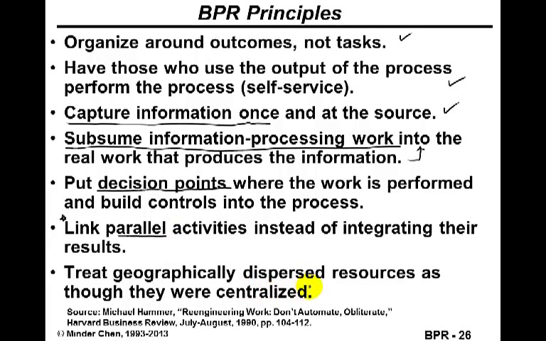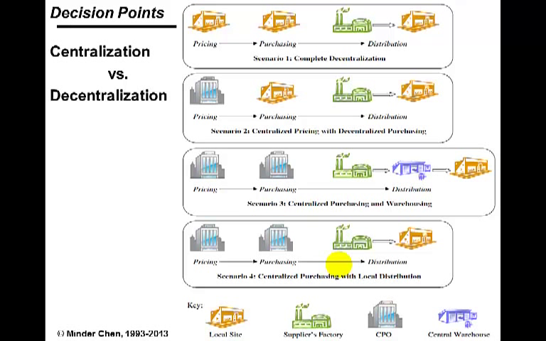Last, but not least, is to treat geographically dispersed resources or operations as though they were centralized. Let me give you an example here. Hewlett-Packard used to manage its purchasing functions in a very decentralized fashion.